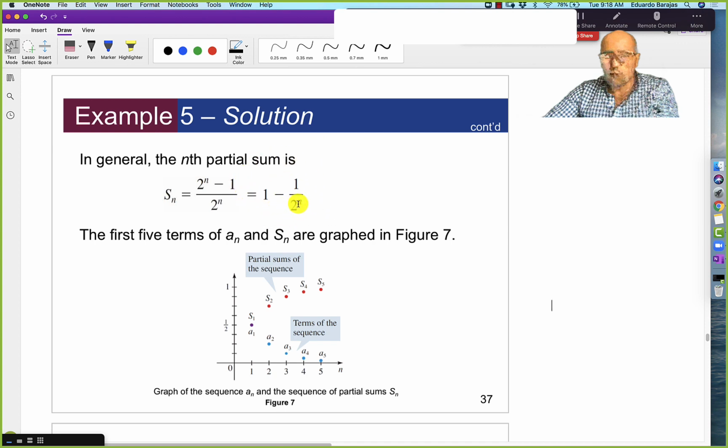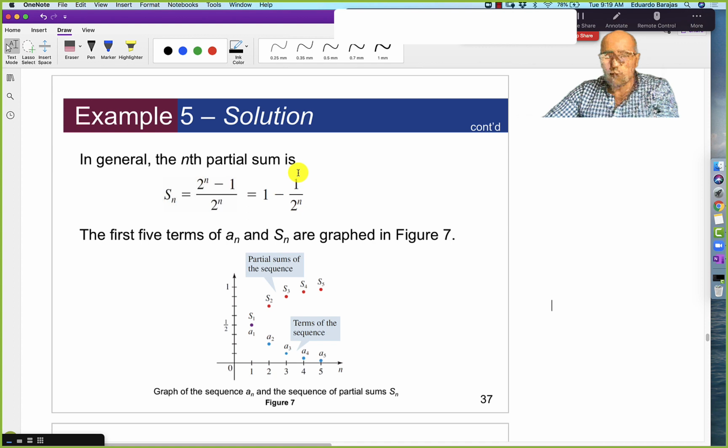As n gets bigger and bigger, this denominator is going to get bigger and bigger. So 2 to the 8th power, 2 to the 16th power, 2 to the 20th power, 2 to the 100th power. This denominator gets huge. 1 over a very large number becomes a very, very small number. And so as n gets really large, we end up with 1 minus a very small number.